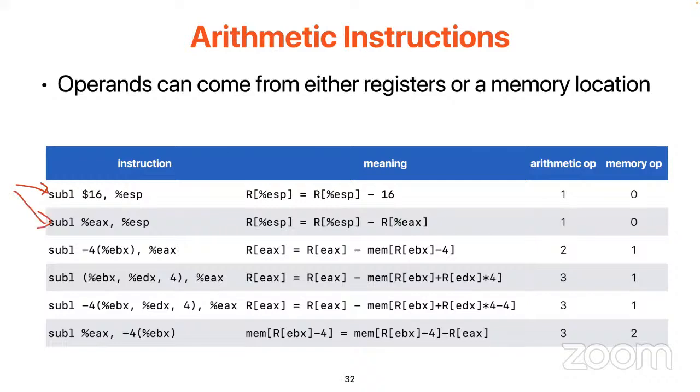You can also subtract a value from register to register, or you can subtract the value in a memory location from a register value, or use a more complex memory indexing mode, or even more complex, or you can also subtract the memory location value from a register. So there are so many different ways that you can use the subtraction, right?